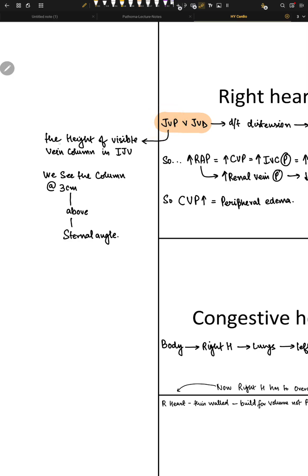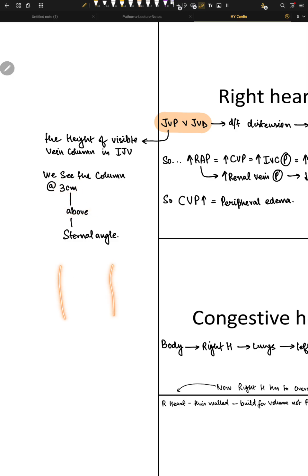This is the height of the visible vein column, the blood column right there, right? For example, I make a cylinder, and in the cylinder we have this column of blood. We can see this column of blood at about 3 centimeters above the sternal angle.